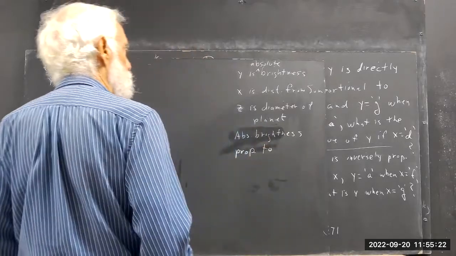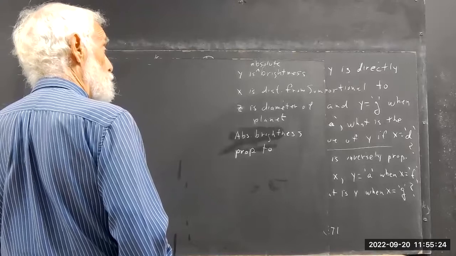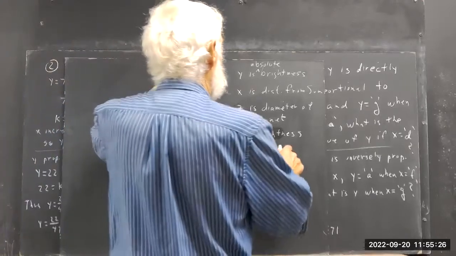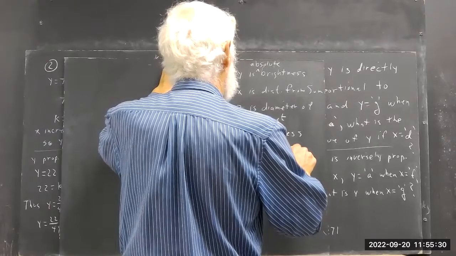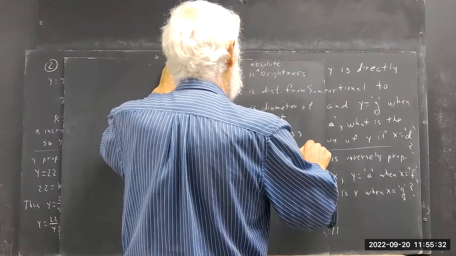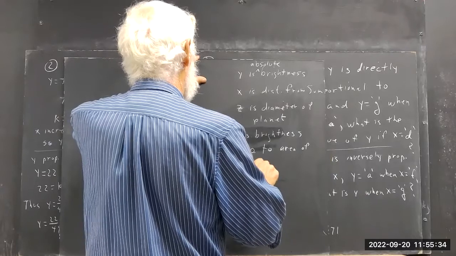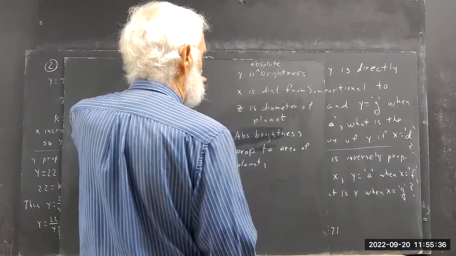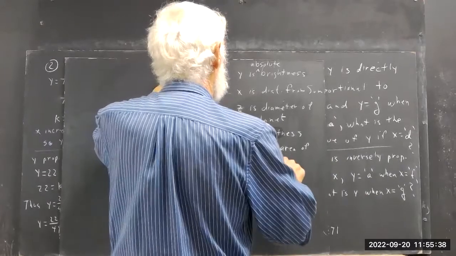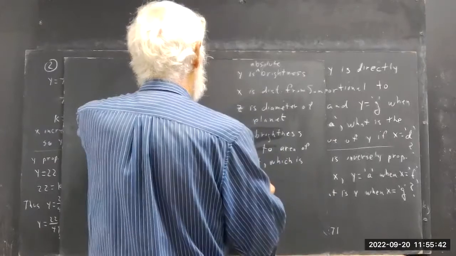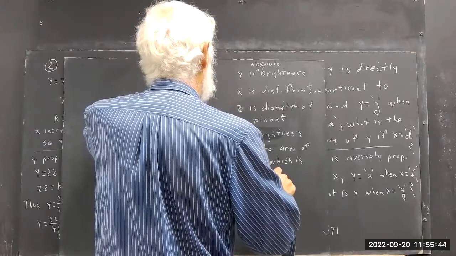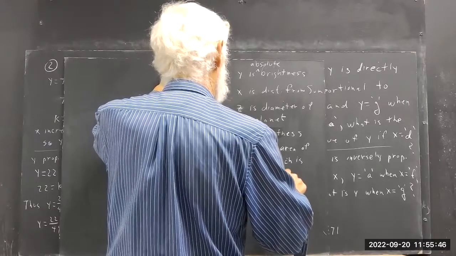Absolute brightness is proportional to the area of the planet, which is proportional to the square diameter portion.